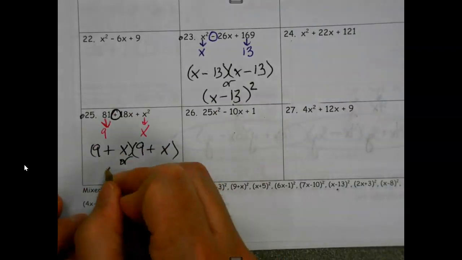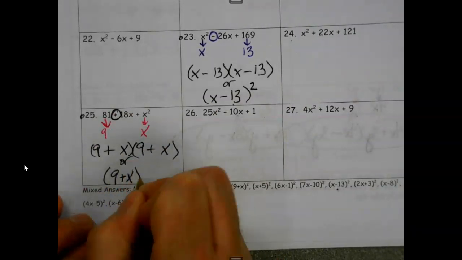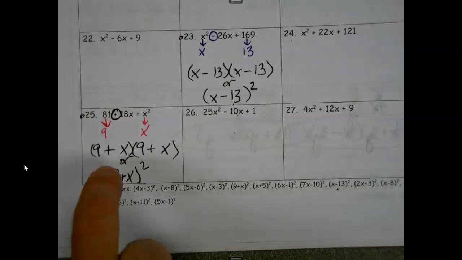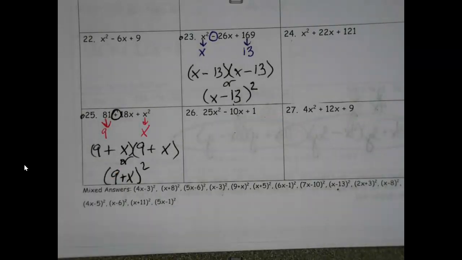The reason I mention this is, if at some point you would get one of these with a minus in the middle, yes, it matters whether the x is first or the 9 is first. So you really have to be a little bit careful sometimes.